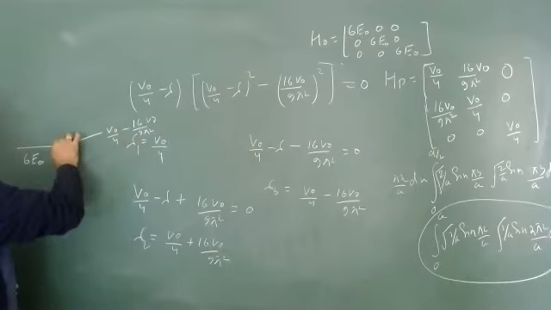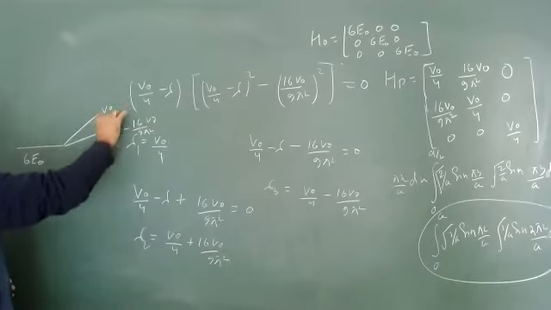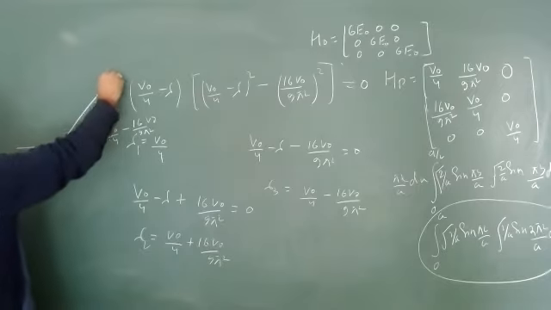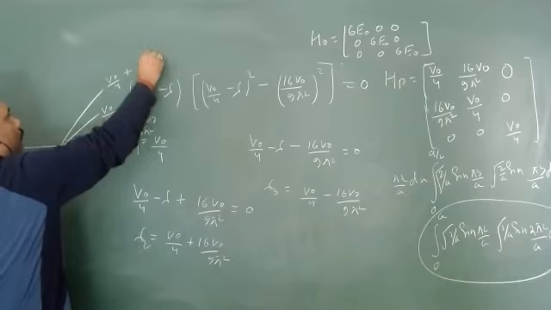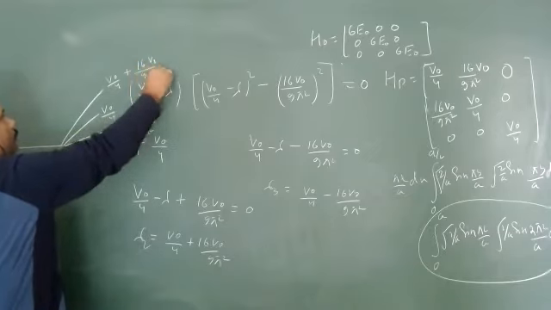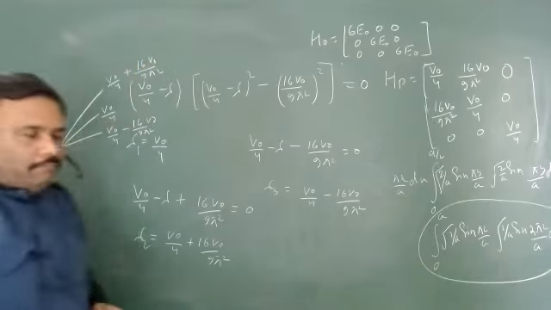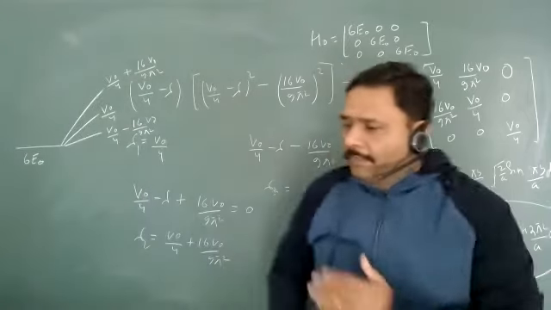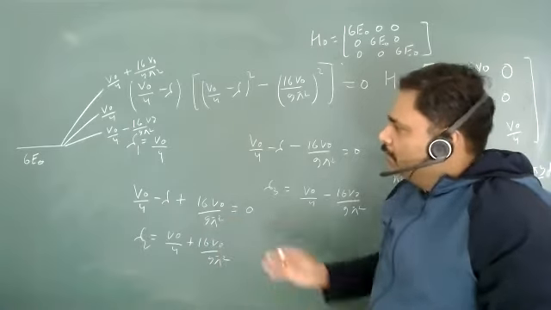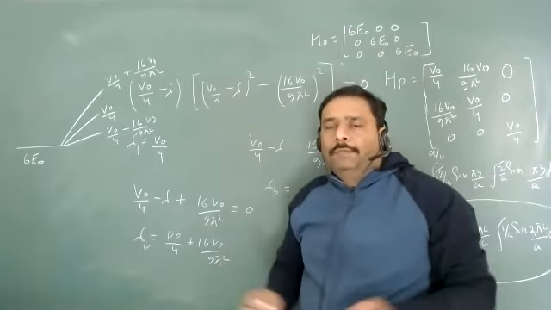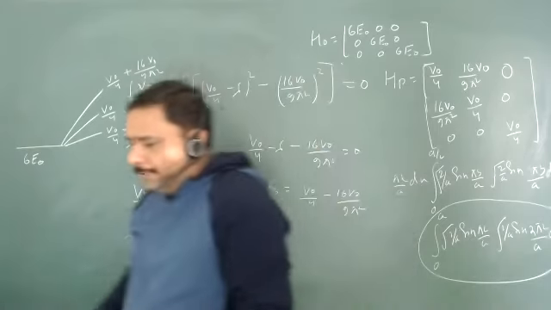The second value is V0 by 4, and the third value is V0 by 4 plus 16 V0 upon 9 pi square. The three-fold degenerate level is broken into 3 levels, and you can see that we have completely broken the degeneracy.